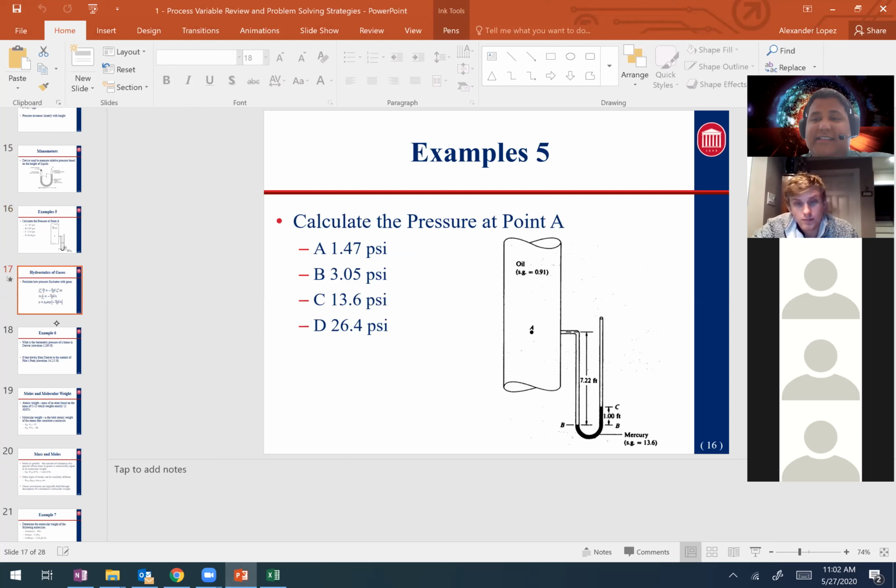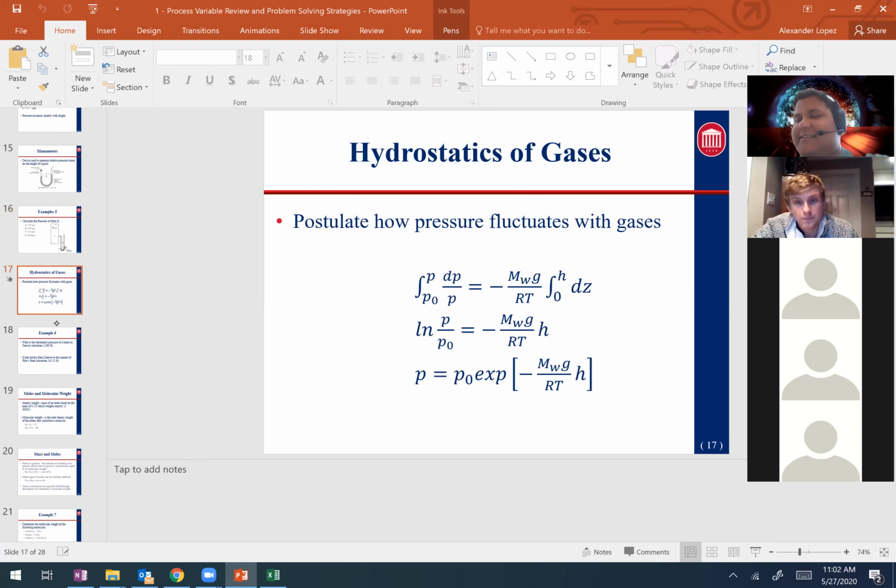One other thing that it's important to note is gases don't behave like liquids. And so when you consider hydrostatics of gases, it becomes a different expression. It's the barometric equation, where we don't have that simple rho g h expression. We have to consider ideal gas law, which we'll talk about more in this class.